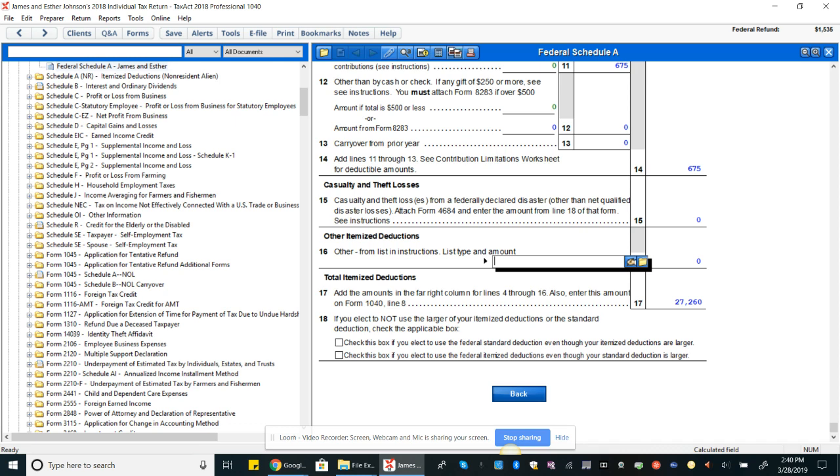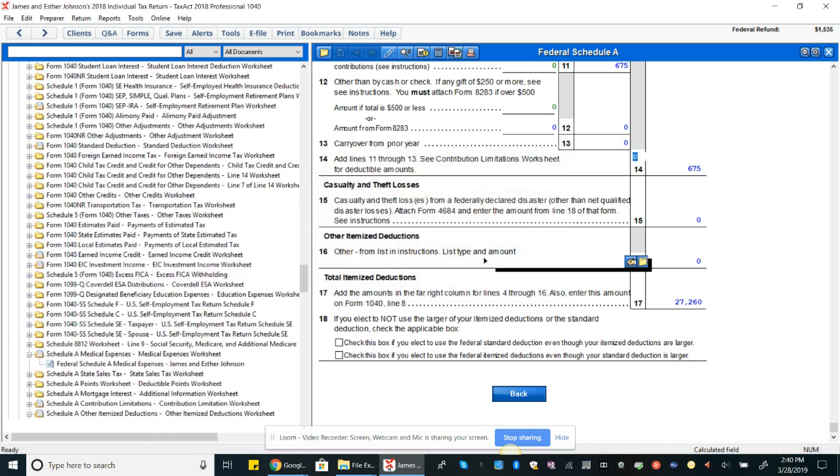So our loss was $750. That's what our cost was to win $940. So we are able to deduct $750 of expenses. Now they changed the form, but we will enter it right here under other.